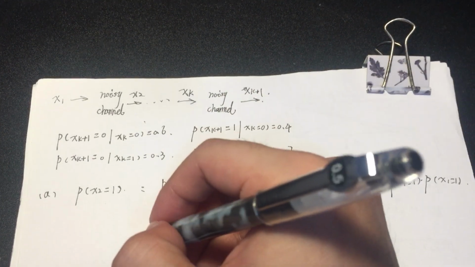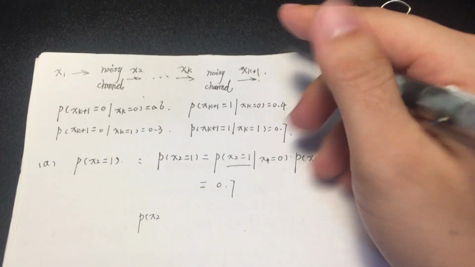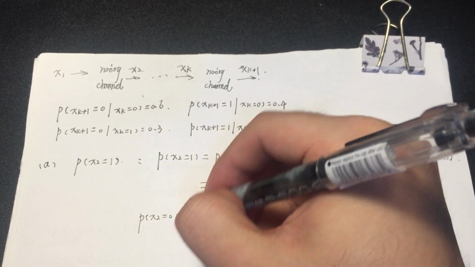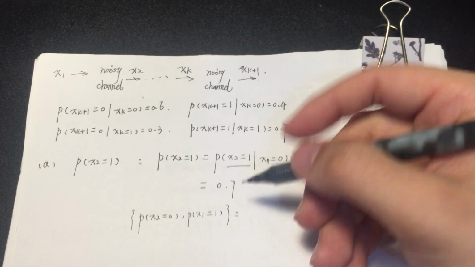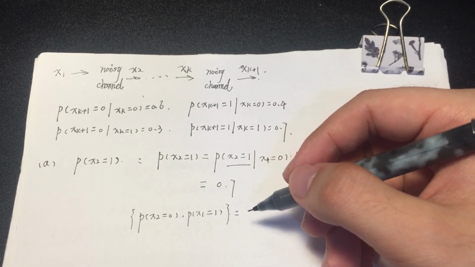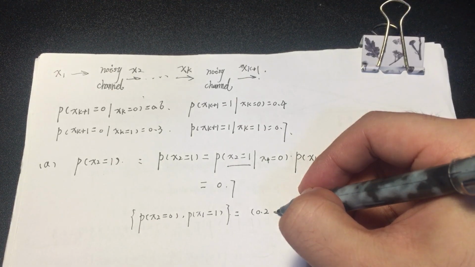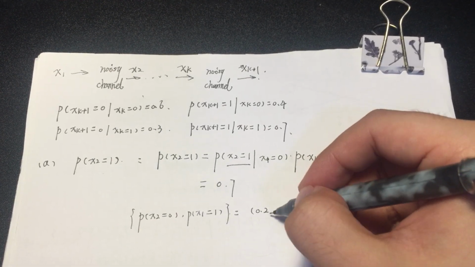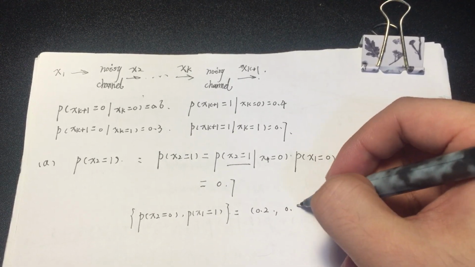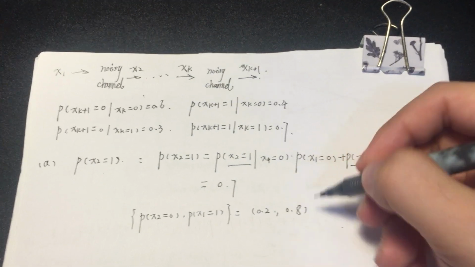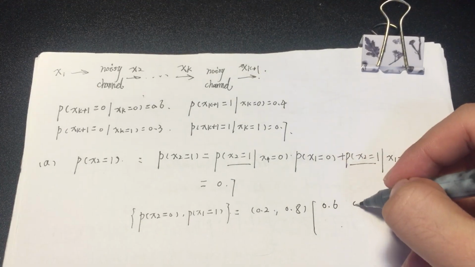So we can write it as P(x2 = 0), P(x2 = 1). This is the result. We just put it on the left. And this is P(x1 = 0), its probability, and this is P(x1 = 1)'s probability. Put them in the bracket, and we write the conditional matrix.